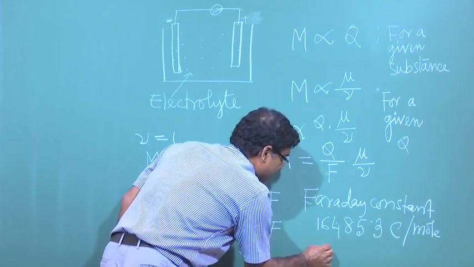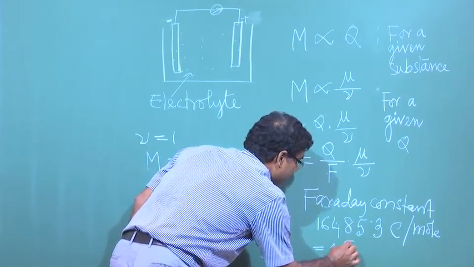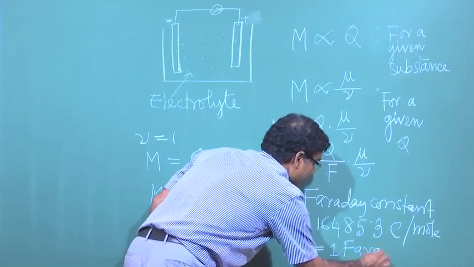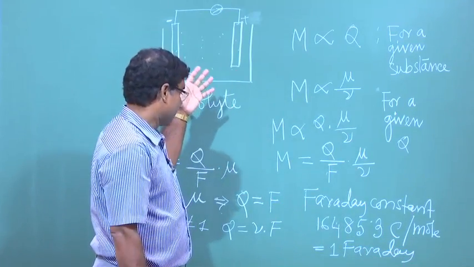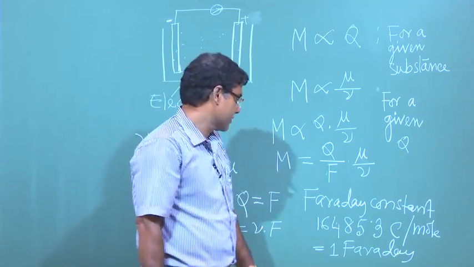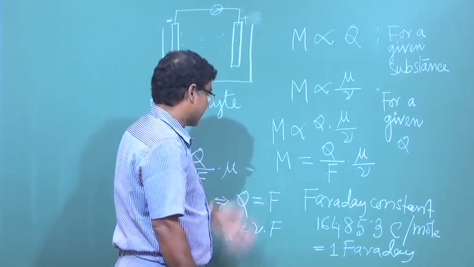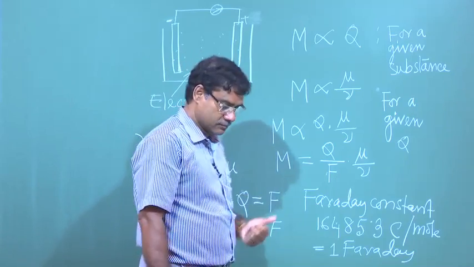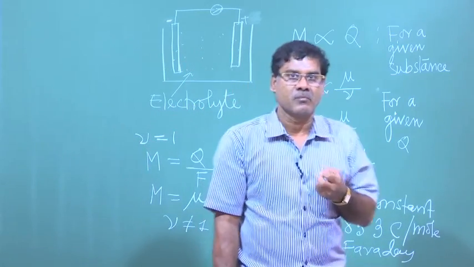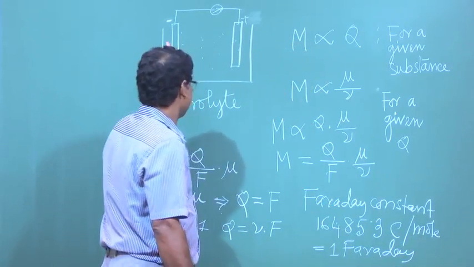We also call this 1 Faraday. So, if you pass 1 Faraday of charge or electricity through the electrolyte, you will get 1 gram mole of mass deposited on the electrode.